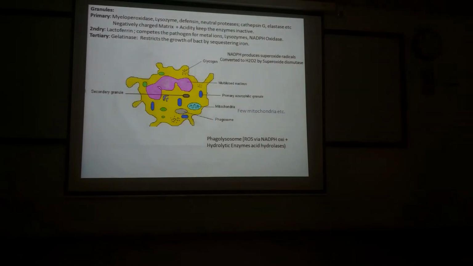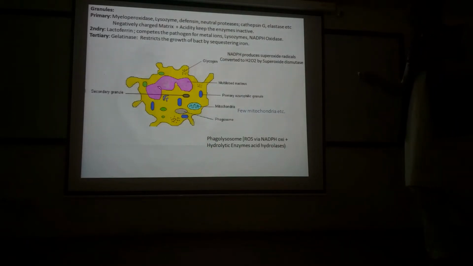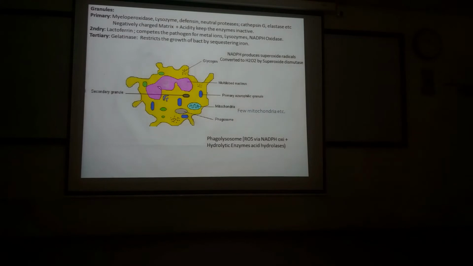Do you remember? Powerhouse of the cell. So power will be generated in these powerhouses. Okay, but there are few mitochondria, so it means that the power generated by these mitochondria inside the neutrophils, maybe the neutrophils do not require. Evolutionarily they do not require the number of mitochondria which are required in case of other cells. They don't require that much power as compared to other cells.